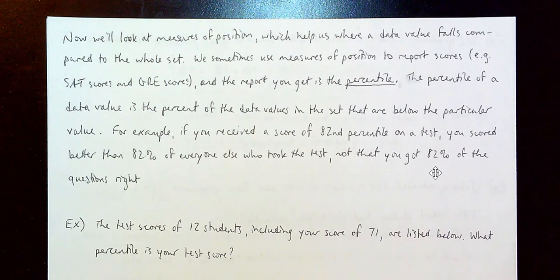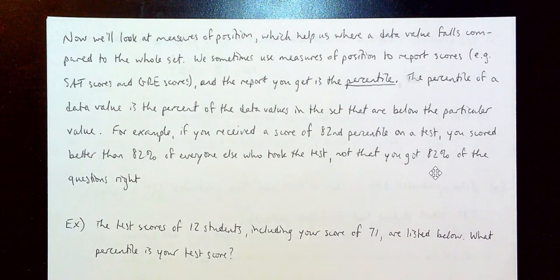If you ranked in the 82nd percentile and you only got 40% of the points, then that means that 82% of the people who took the test did worse than a raw score, if you will, of 40%. So that's how percentile works. It's you compared to everyone else, not you versus the number of points or the number of questions right, or you versus a fixed scale.